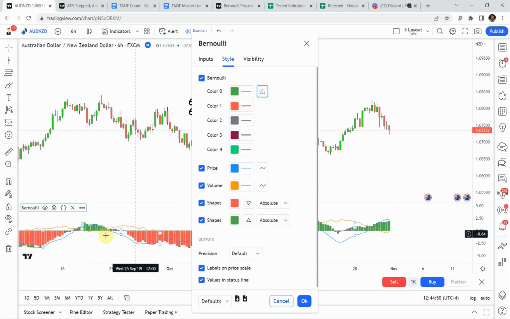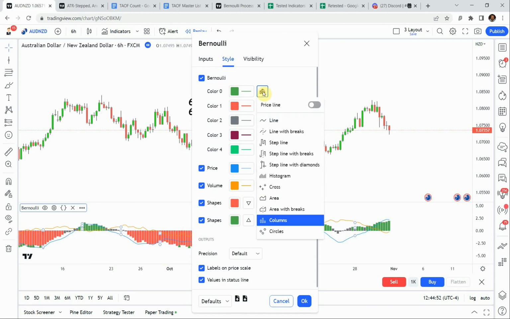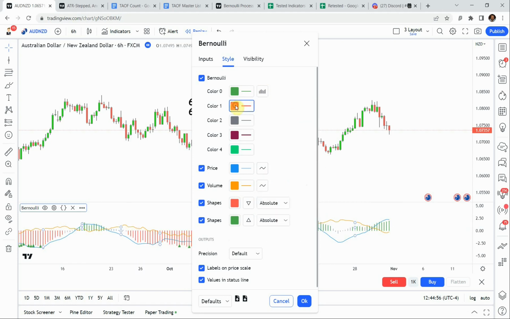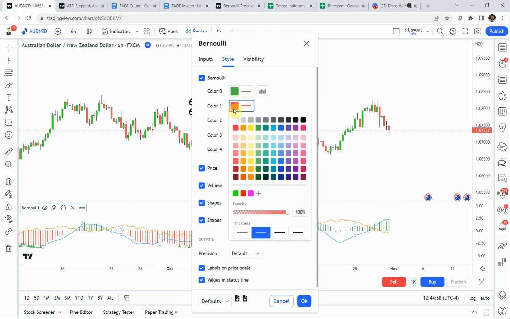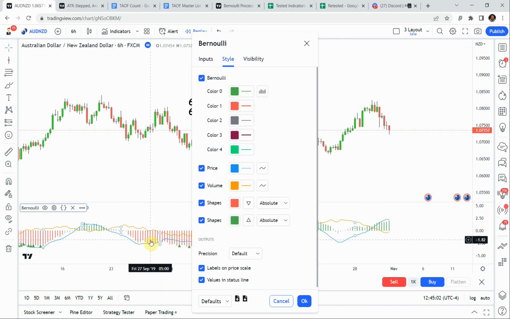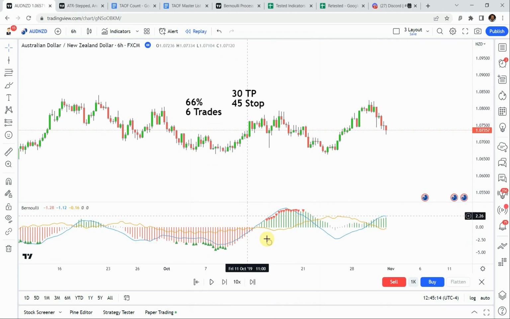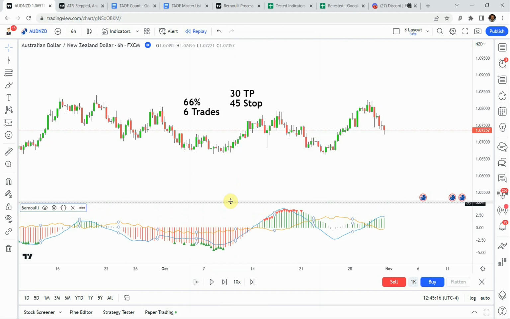Originally it was in columns form like this, and I switched it to the histogram like this, and on the different colors here, I bumped up the line weight just a little bit right there, so that way it stands out just a tad bit more. Also on the shapes, the red shapes and the green shapes here, I bumped up the opacity to 100. And it gives us what you see on the screen now.